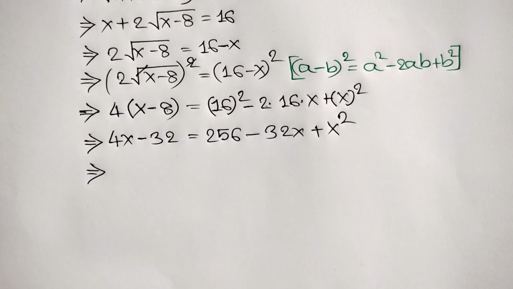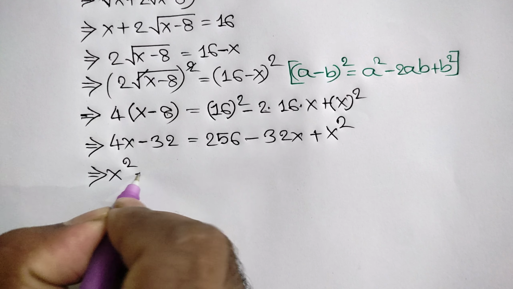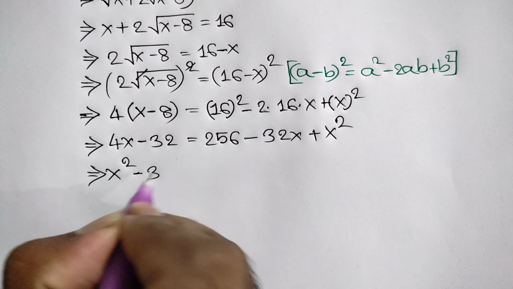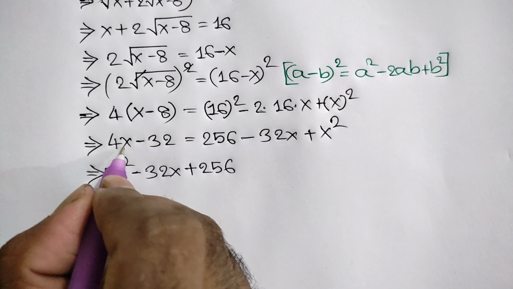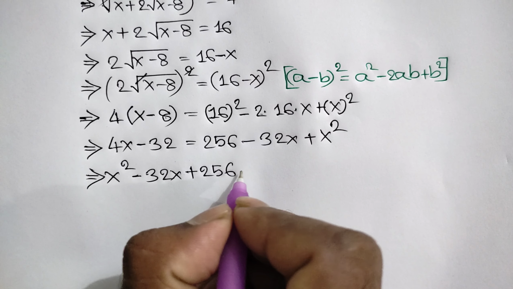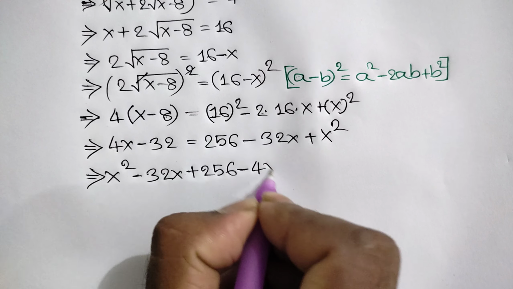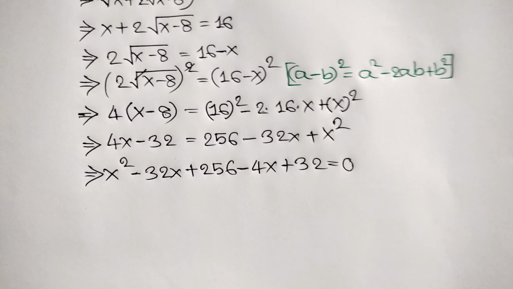You can write x square minus 32x plus 256, and taking this 4x minus 32 to the right side, we will get negative 4x plus 32 is equal to 0.